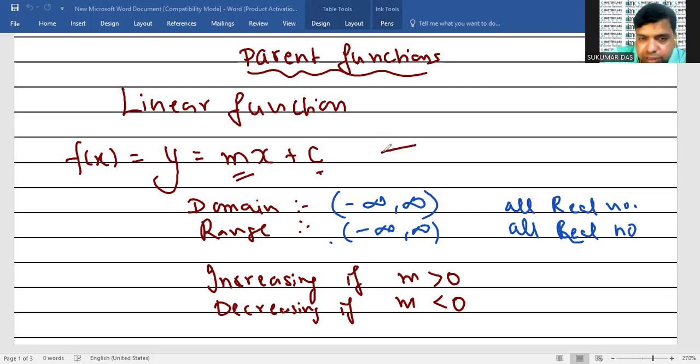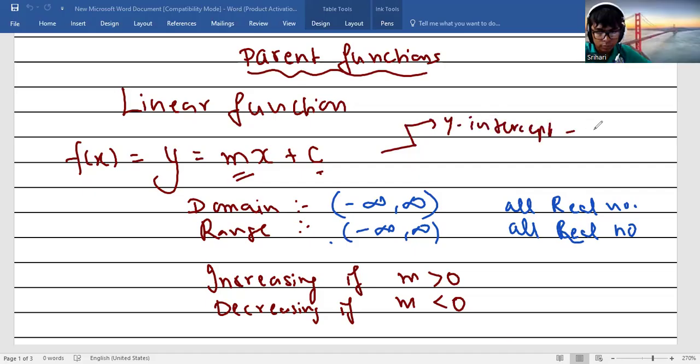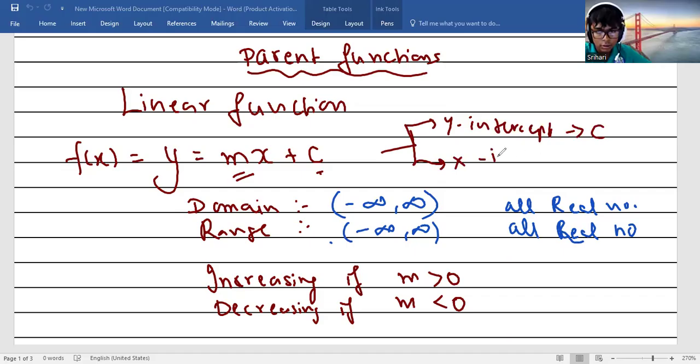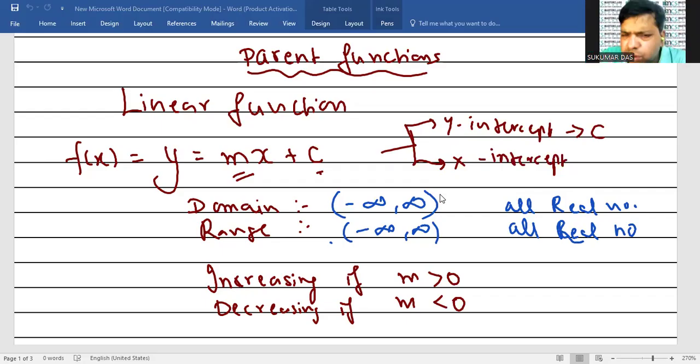For this function, what is the y-intercept? As you have told, the y-intercept is c. What is the x-intercept? You need to solve for the x-intercept, right? So for the x-intercept, you have to put y is equal to 0.